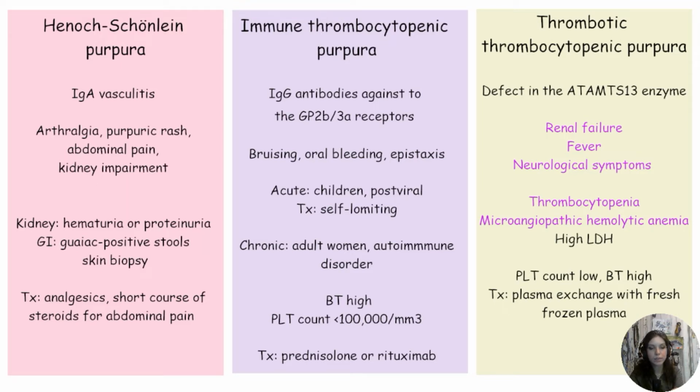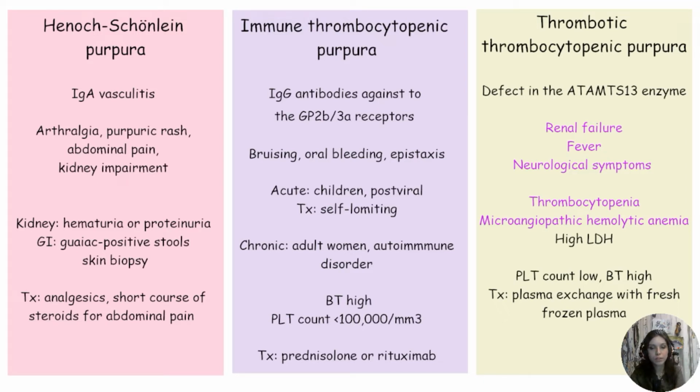It is often preceded by an upper respiratory tract infection, and there is a classical clinical tetrad: arthritis, non-thrombocytopenic palpable purpura, abdominal pain, and hematuria.